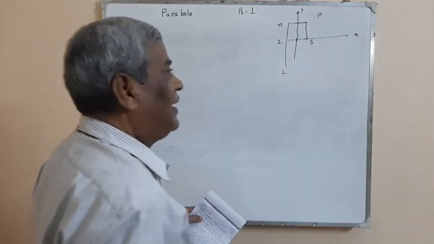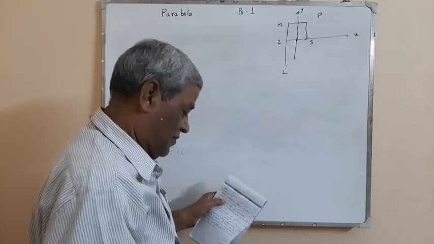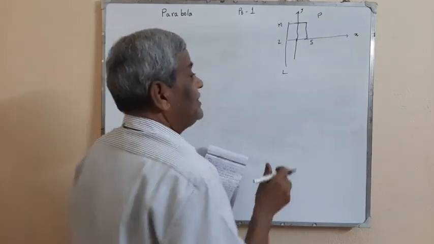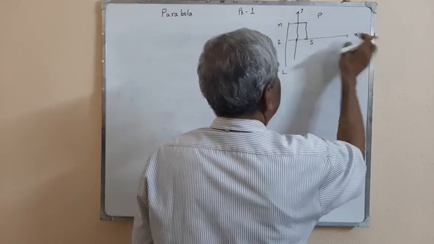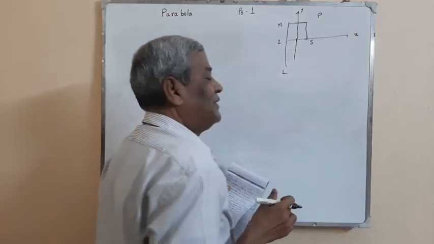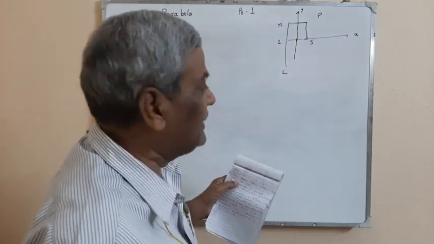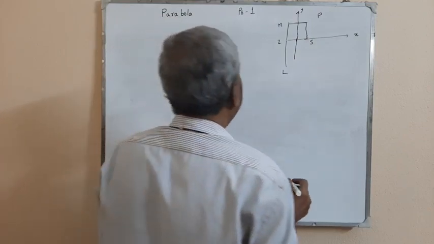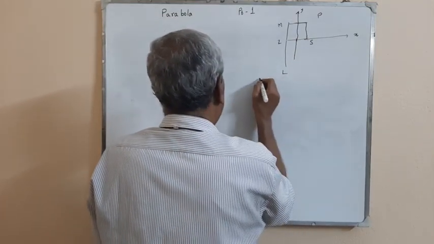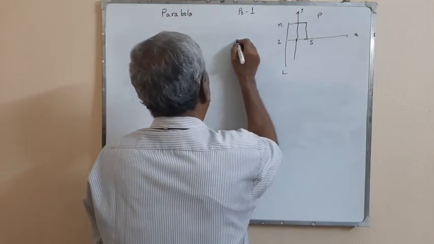So if we take x-axis as that and y-axis as that, it is a special arrangement of axis. In that case, the equation of the parabola is y square is equal to 4ax.